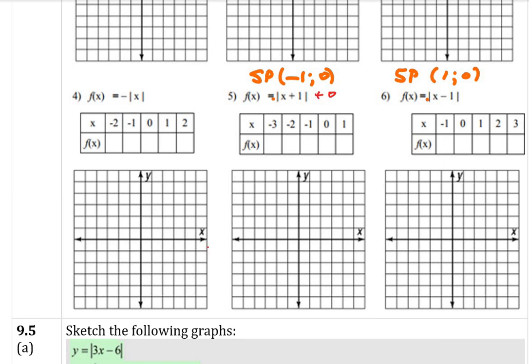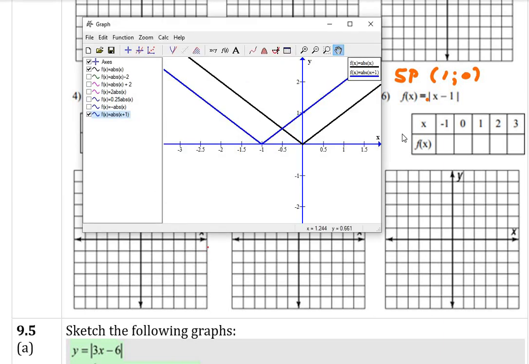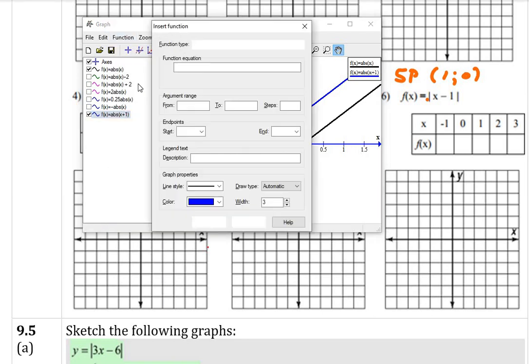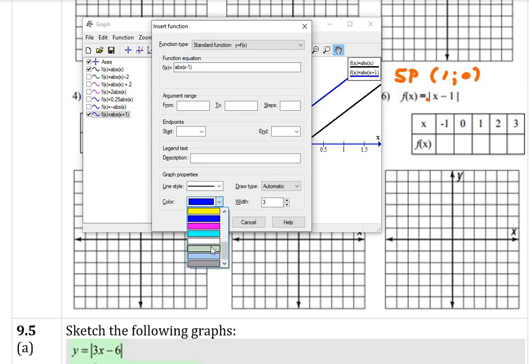So if we can just then, just for the good of it, just do that x minus 1 also. Right, let's just take another color for it that we can compare.